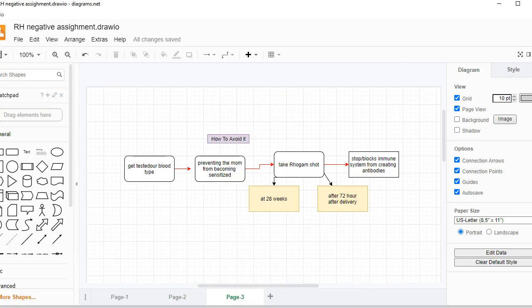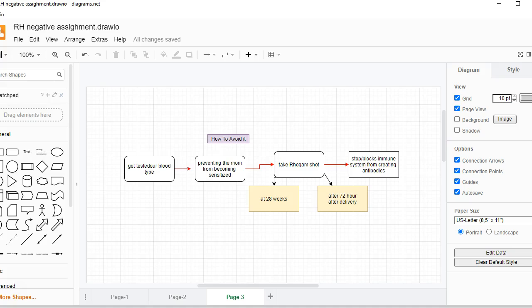So how to avoid it is we have to get our blood type tested so we can get medication like shots. That medication is to prevent the mother from becoming sensitized in the first place. Because if we stop the mom from being sensitized, we won't have the problem next time.